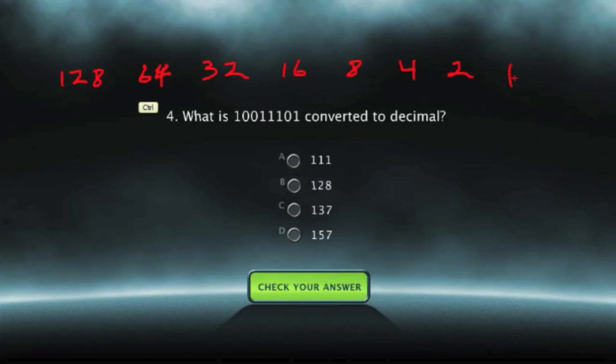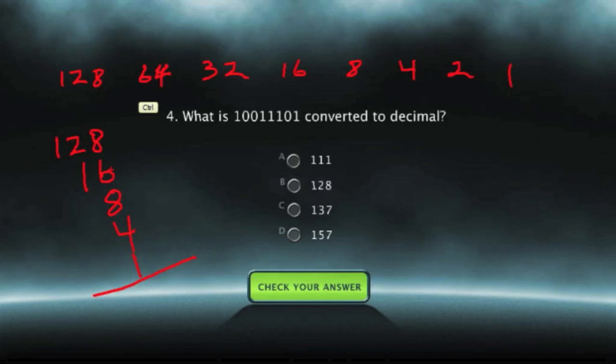And we are going to add the appropriate numbers: 128 plus 16 plus 8 plus 4 plus 1. So we just need to add those numbers up.